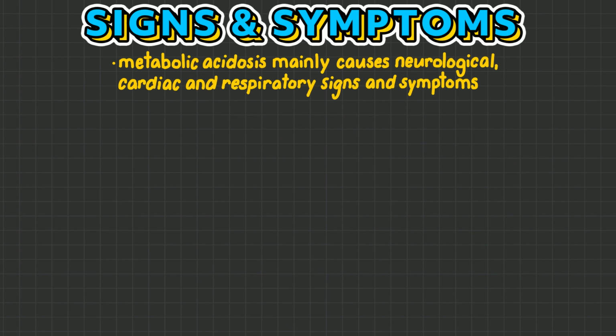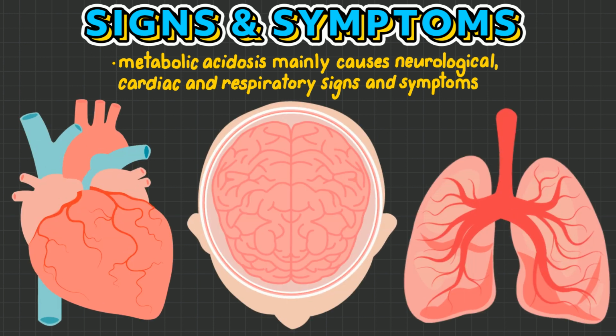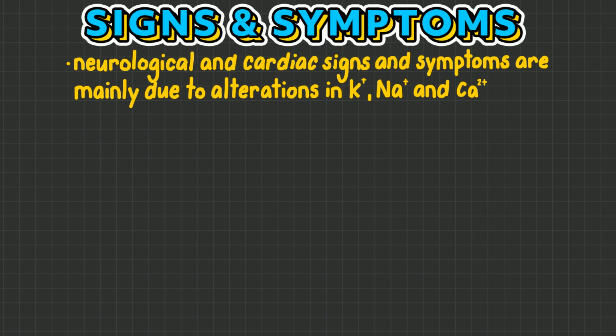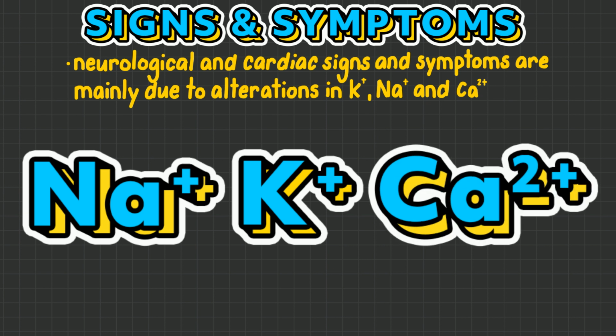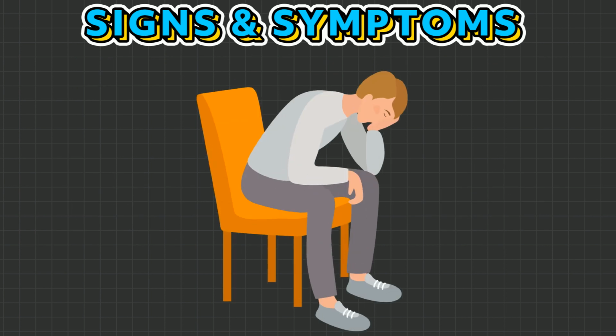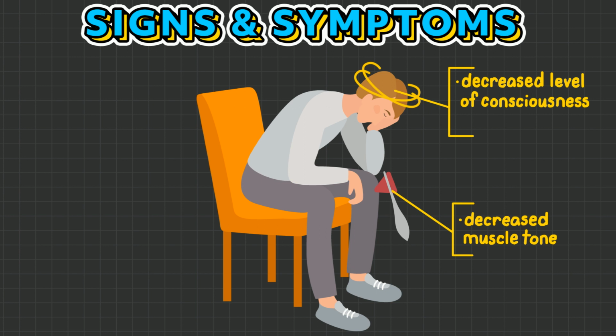Metabolic acidosis mainly causes neurological, cardiac, and respiratory signs and symptoms. Neurological and cardiac signs and symptoms are mainly due to alterations in potassium, sodium, and calcium levels. This alteration in electrolytes causes decreased excitability of nerve cells, resulting in a decreased level of consciousness and muscle tone.